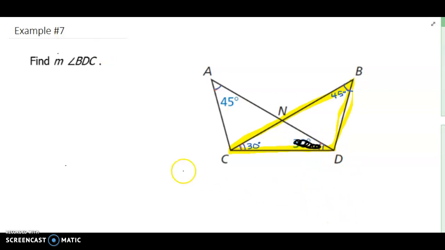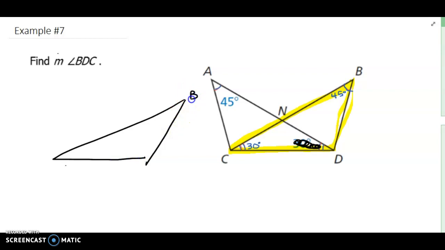Okay, so if I were just to rewrite this, so this is B, this is C, this is D, this is 30 degrees, this is 45 degrees. I just rewrote this and took out all the extra stuff. I want to find the measure of angle BDC, which is right here.